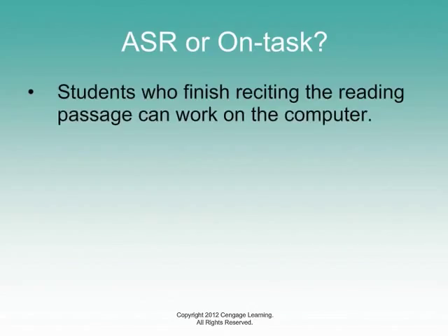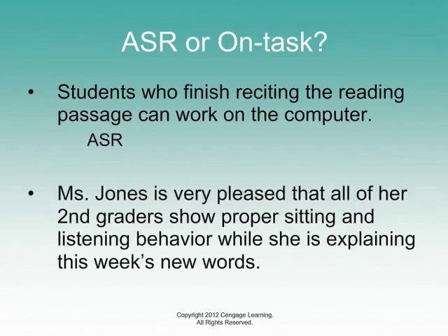Students who finish reciting the reading passage can work on the computer. Right, that's active student responding because it's observable. The student is reciting the passage to the teacher. Mrs. Jones is very pleased that all of her second graders show proper sitting and listening behavior while she is explaining this week's words. Right, this is on task.